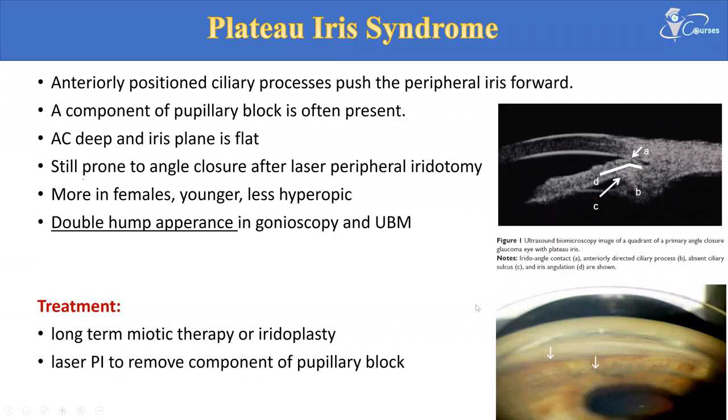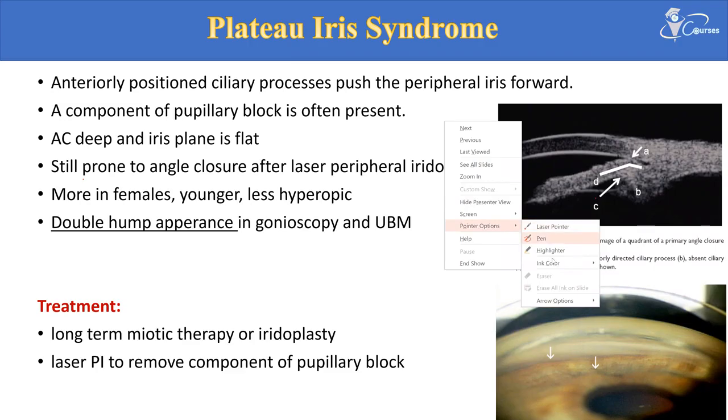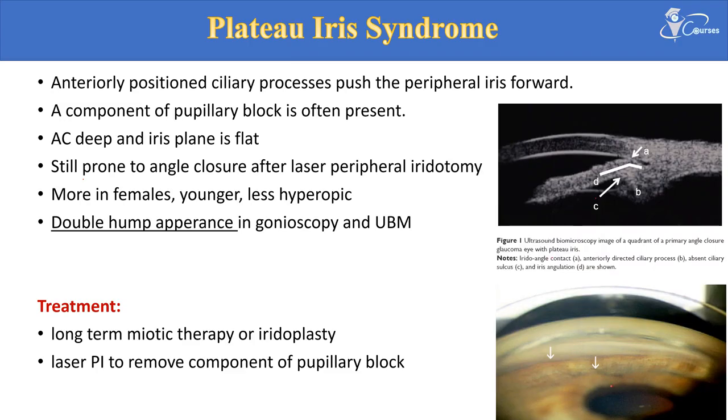The double hump appearance, let me show it to you. You see, this is the edge of the pupil. You see this curvature. It can be diagnosed also by the UBM. This is a UBM. So this is the double hump. This is one hump, and you can see that the iris here is flat.